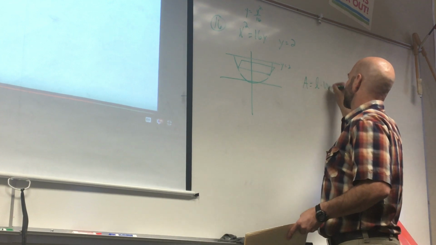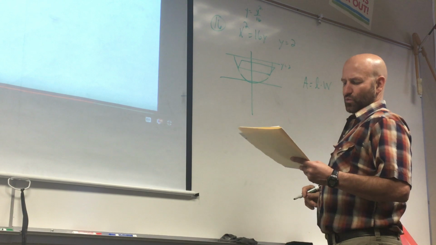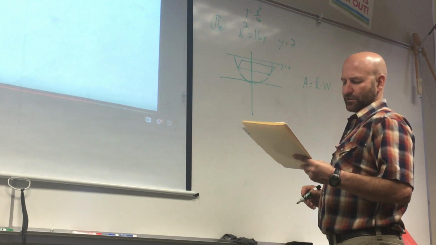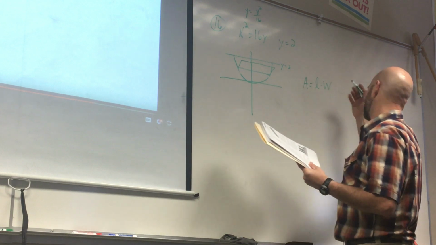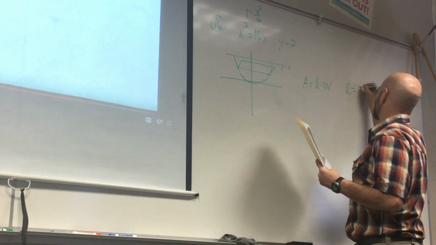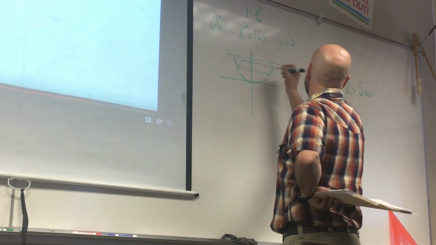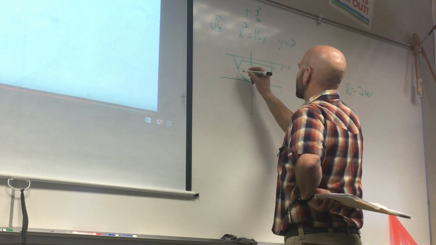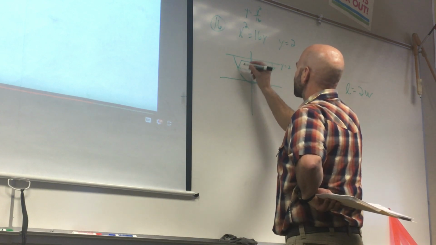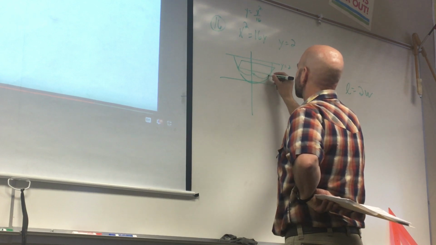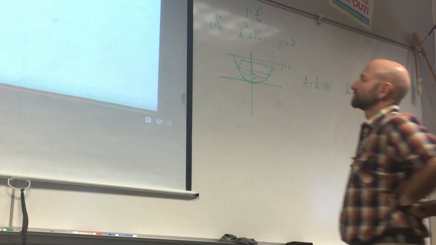rectangle. We know it's the length times the width. Well, they tell us that the length is equal to twice the width. Yes? Okay? Let's call this right here the width. There's my width.